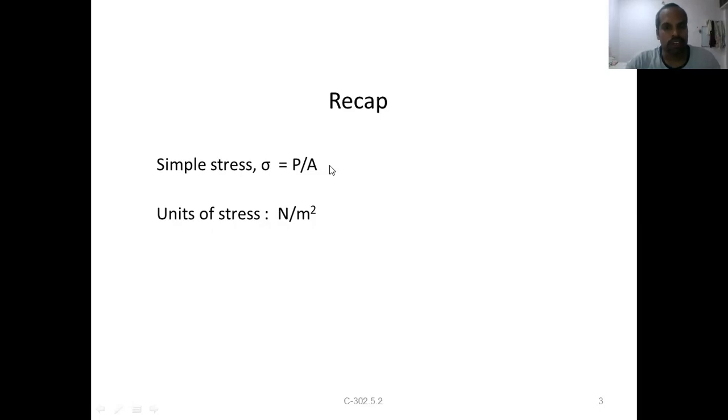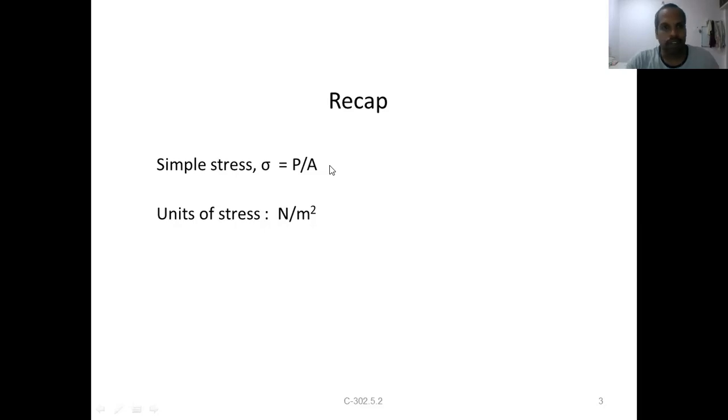That is the definition of stress that we discussed in the last class. Of course, the external load should be there per unit area. Then that is the complete definition.